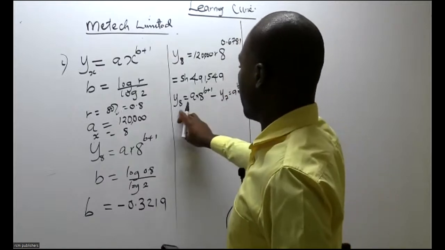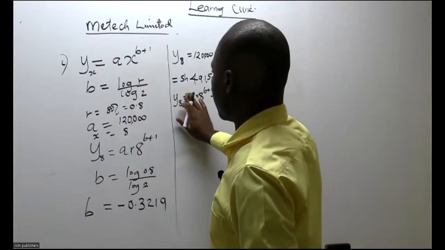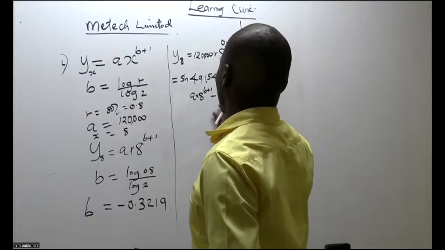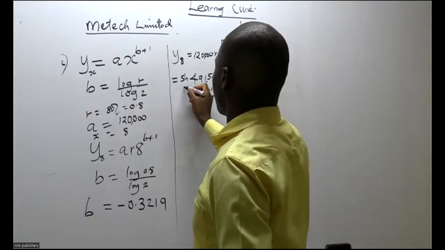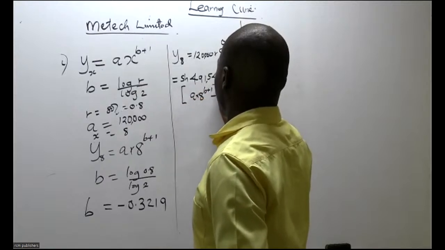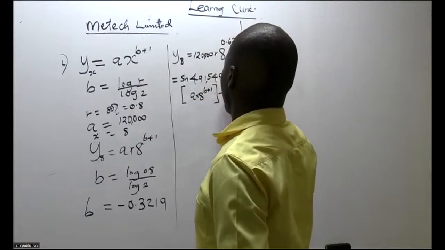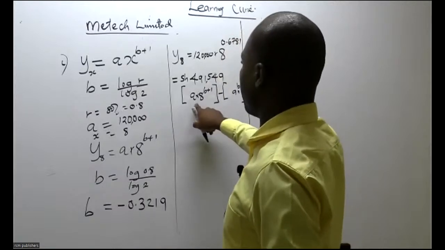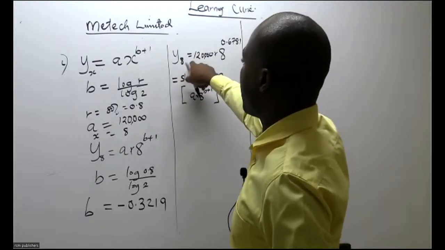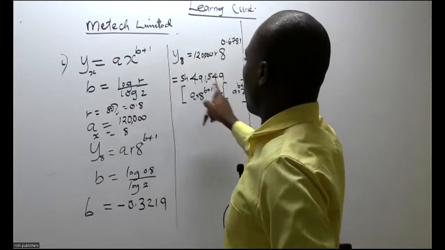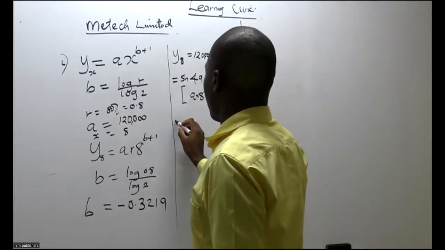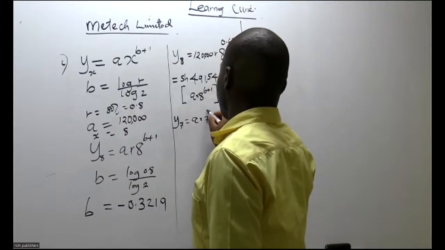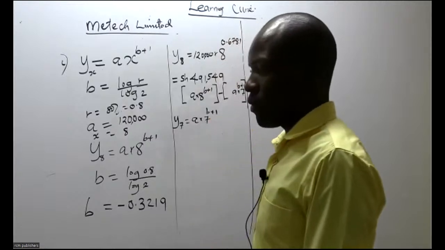So it will give us y equal to this, or you just give us this one here, just indicate that way without indicating equal to. It will be this minus what we have on this other side. Because we already have the cost of producing the first 8 batches, what we need to look for is basically y of 7 equal to a times 7 raised to power b plus 1.